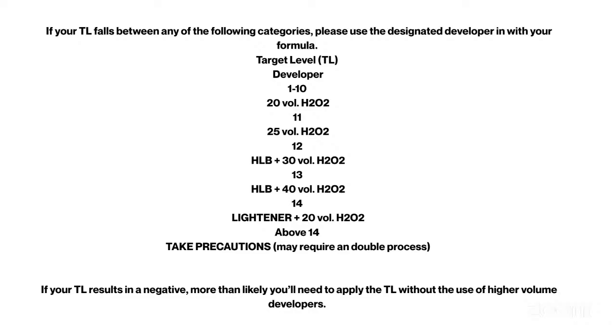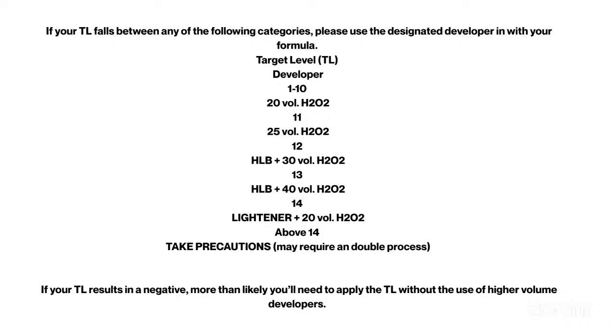It all means H2O2. And if you're familiar with the elements, you've got two hydrogens, two oxygens. So technically, when we're talking the hair color language, we will talk H2O2. All right. So if your target level was 1 through 10, you're going to use a 20 volume H2O2.